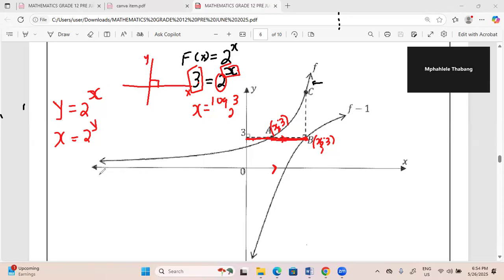Now I know y at B, it's 3. So I have a right to say x equals 2 to the exponent 3, substituting y with 3. So x equals 8. So at B, x is 8, and the coordinates of B are (8, 3).